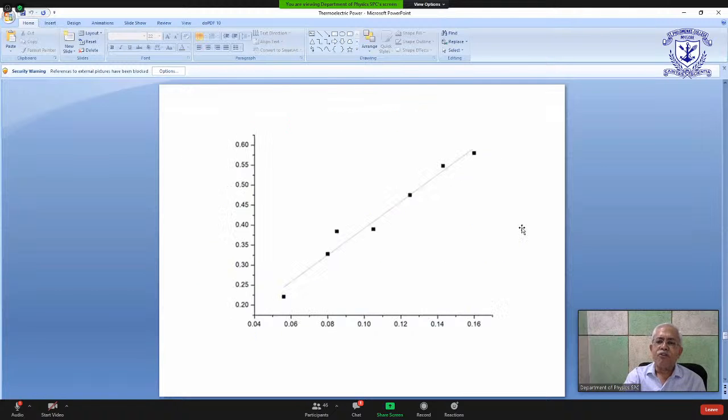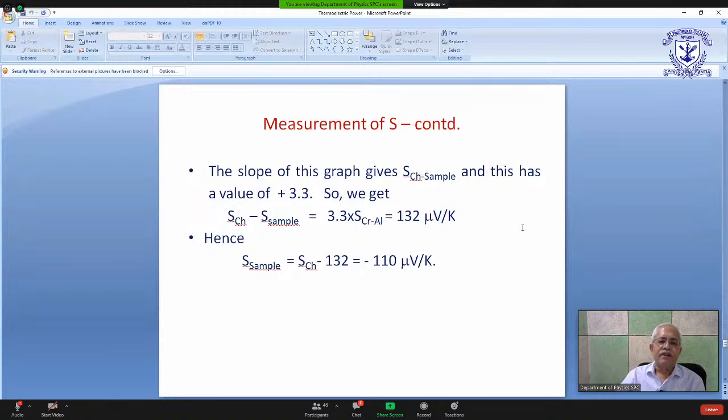And therefore we get the value of the Seebeck coefficient for the sample, which is about 110 microvolt per degree Kelvin. So it's a very easy method to determine the Seebeck coefficient of a sample relative to the Seebeck coefficient of chromel. And the Seebeck coefficient of chromel may itself be evaluated with reference to a more standard material like platinum. So this is the procedure.